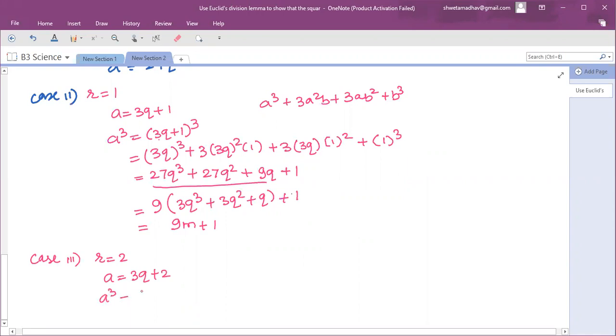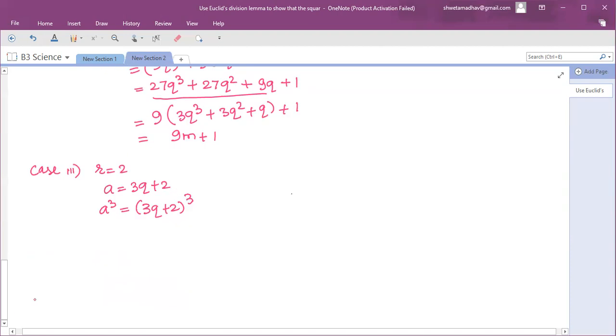So a cube is equal to 3q plus 2 whole cube. Who will tell me the cube of this? Ma'am, it is 27q cube plus 54q square plus 36q plus 8. From the first three parts, 8 is not divisible by 9, so 8 will remain as a remainder.